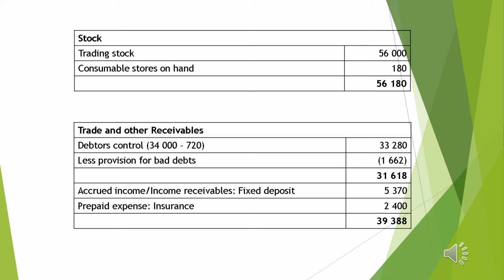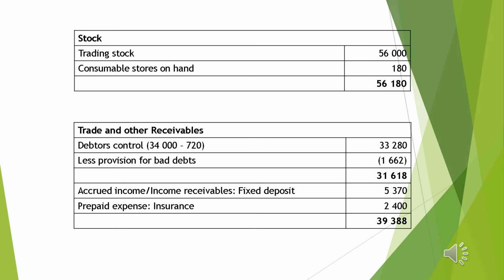So you say 34,000 rand from the pre-adjustment trial balance, minus 720 rand from the adjustment where we were informed to write off further bad debts. Then at the end of the financial year, the most reliable balance for your debtors control is 33,280.